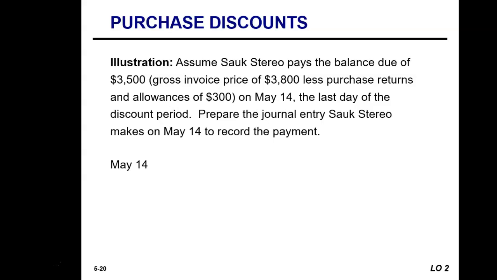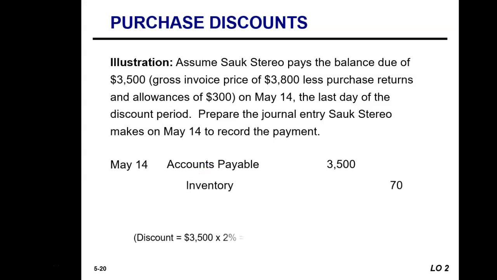Remember the terms were 2/10, N/20. So to record the actual payment, you debit accounts payable for $3,500. You will recognize a 2% discount. So what is 2% of $3,500? If you say it's $70, that's correct.